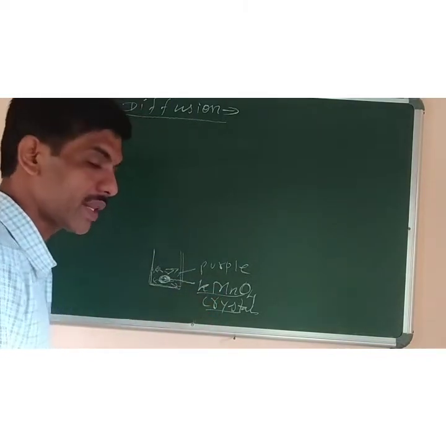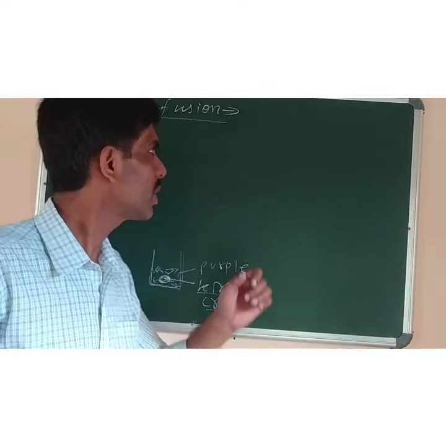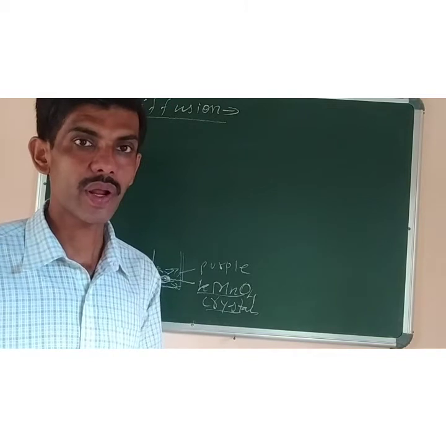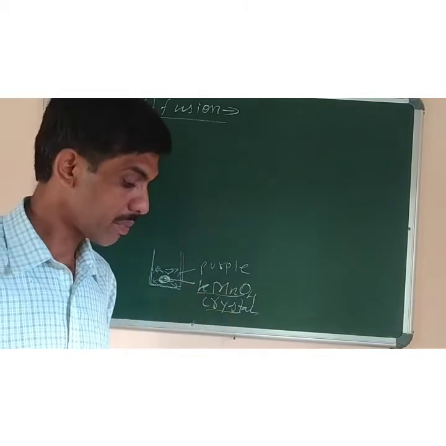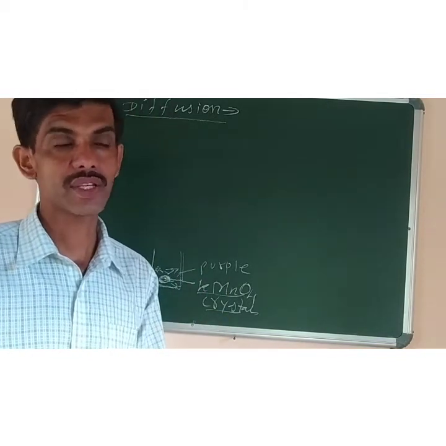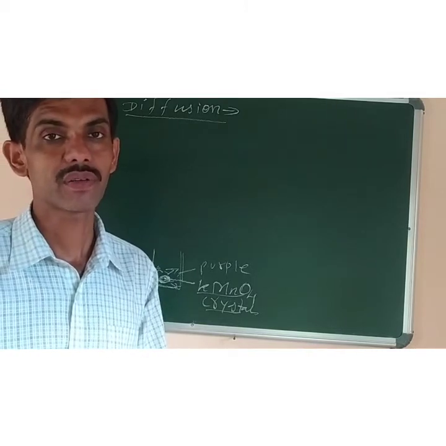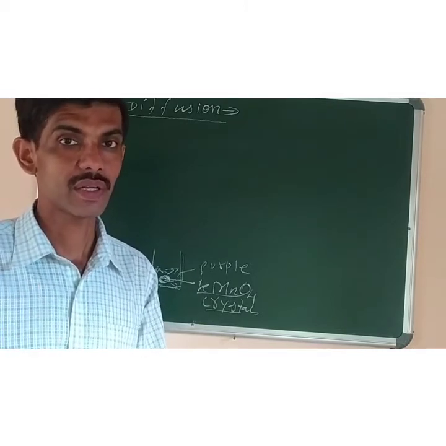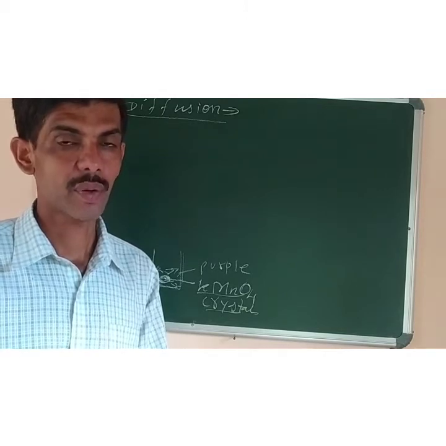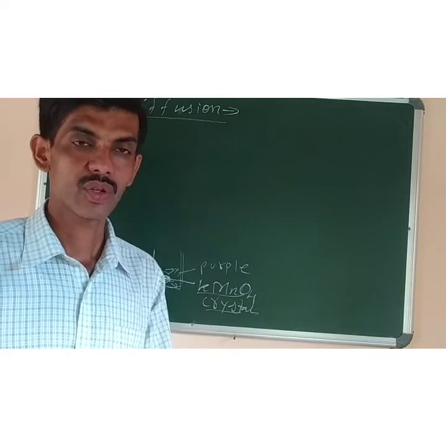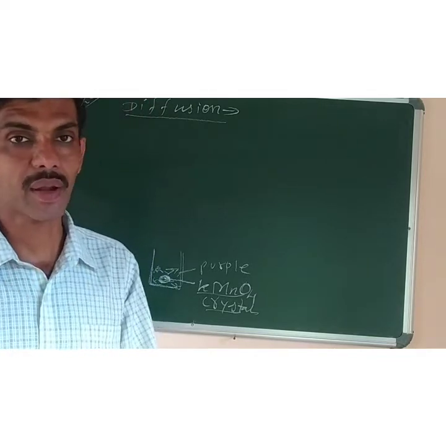Now what is the importance of diffusion? Why is diffusion important to us or to the plants? Number one, diffusion is important because it helps in the exchange of gases during respiration. You know that during respiration, food is oxidized in the presence of oxygen to produce energy. So for that, exchange of oxygen and carbon dioxide is needed.